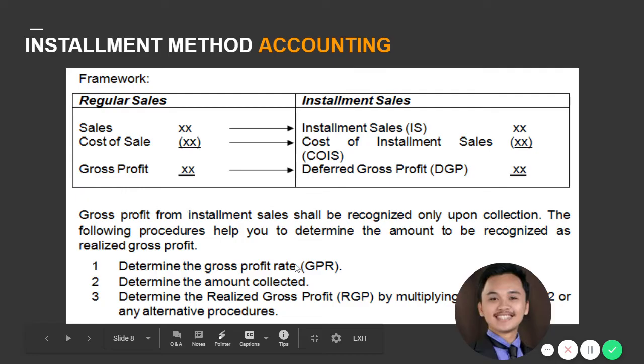It is important because we cannot compute the realized gross profit if we don't have the gross profit rate. So we need to determine the GPR first, and then determine the amount collected, and then multiply GPR with the total cash collection to compute the total realized gross profit for a specific month or for a specific accounting period.